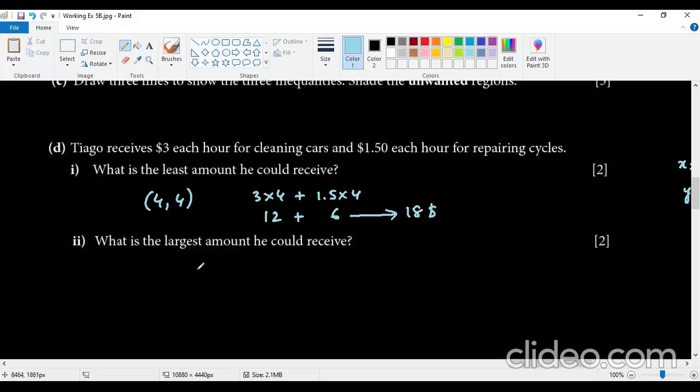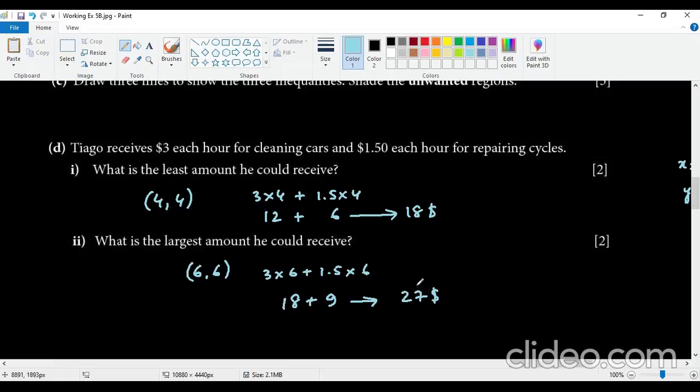What is the largest amount? The largest point on the graph is (6, 6). We do the same thing, 3 times 6 plus 1.5 times 6. This gives us 18, and 1.5 times 6 gives us 9. So $27 is the maximum amount he could receive.